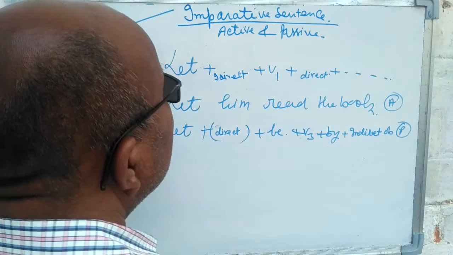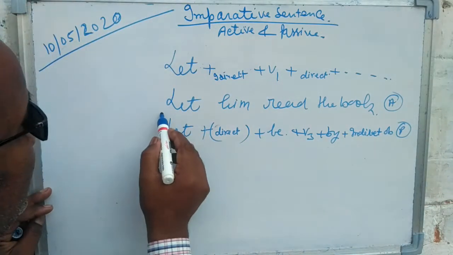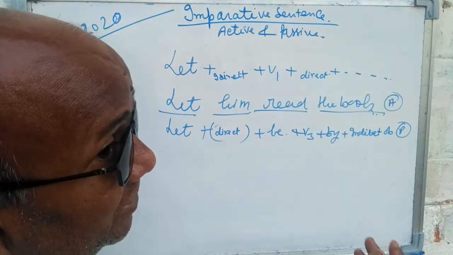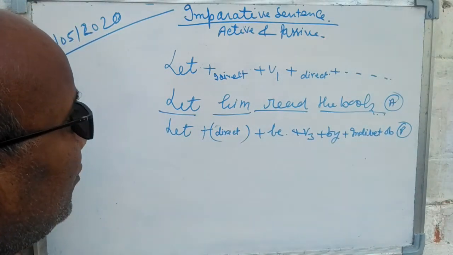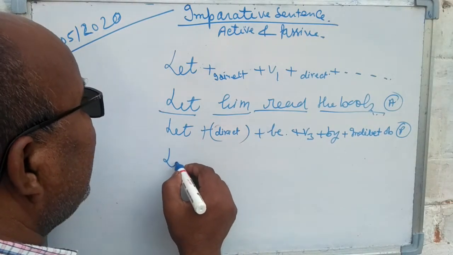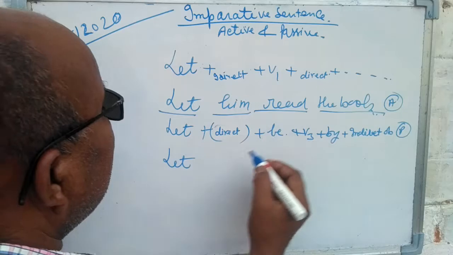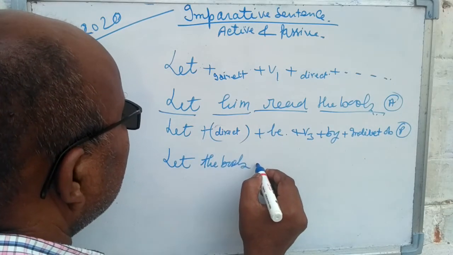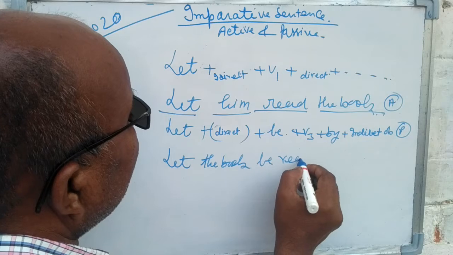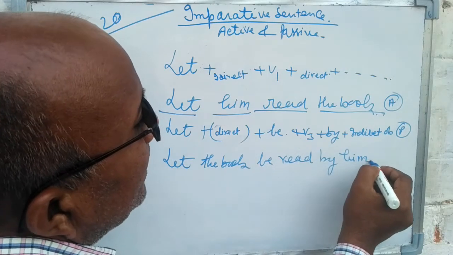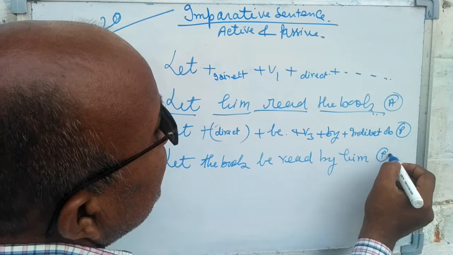This sentence is in passive. Let him read the book. This sentence is in active, and if you want to change it into passive, you should write let the book be read by him. This sentence is in passive.